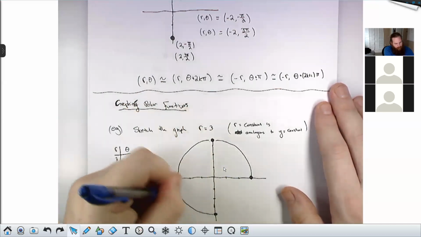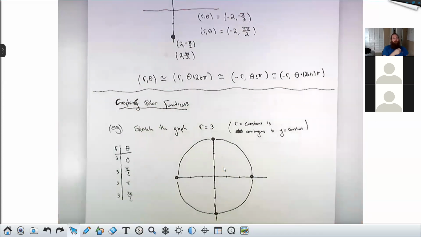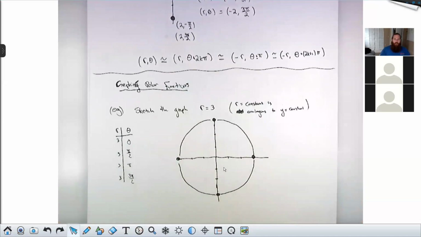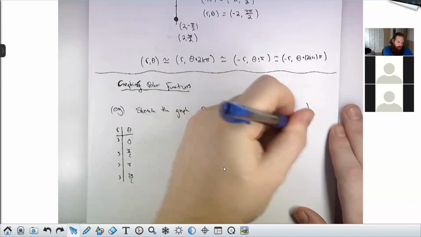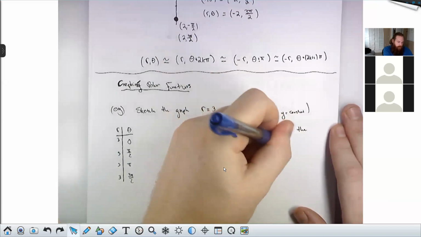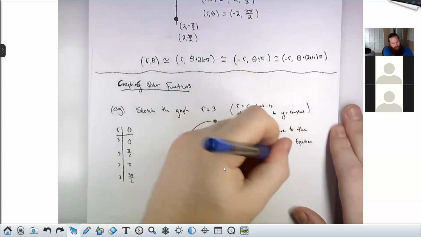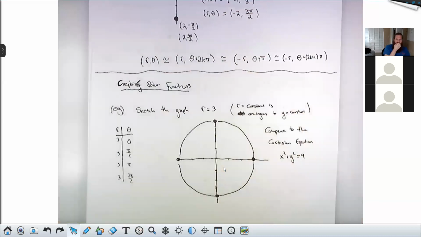Why is this dope? Well, because circles in Cartesian coordinates have kind of complicated equations, right? The equation for this circle in Cartesian coordinates is x squared plus y squared equals 9, which is considerably more complicated than r equals 3, right?